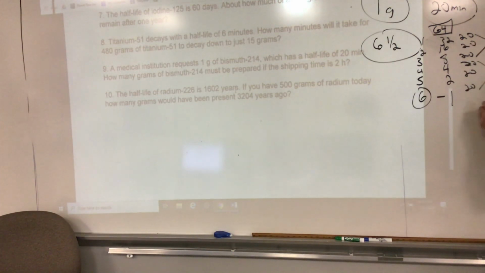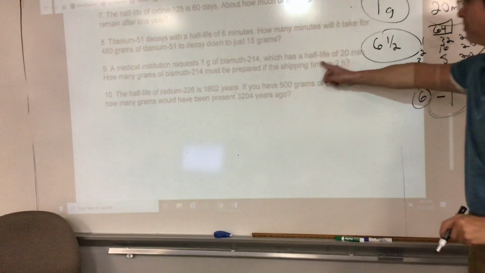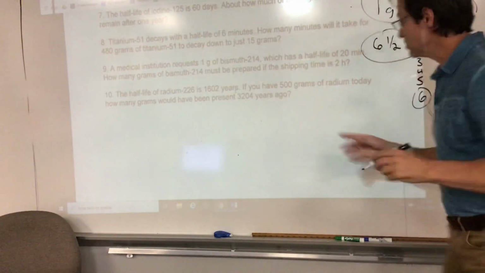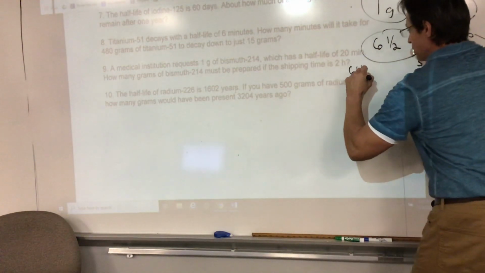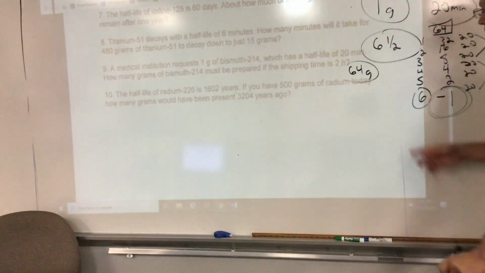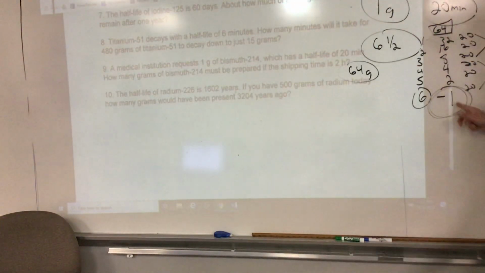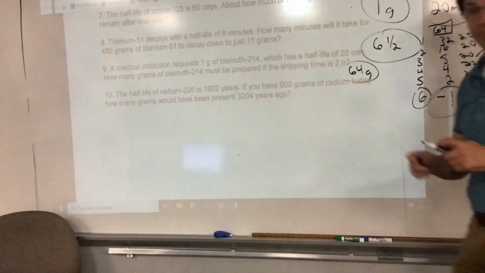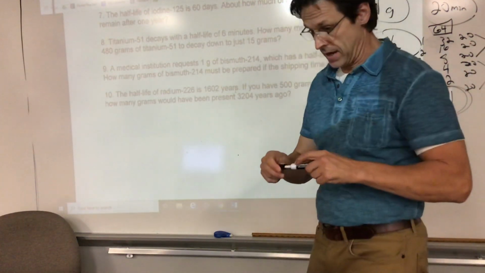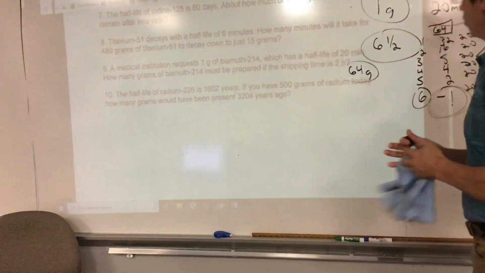There's my 2 hours. So when it gets there in 2 hours, I'm going to have 1 gram. My answer: I need to ship 64 grams of bismuth to this medical institute. So when it gets there in 2 hours, they'll have at least 1 gram to work with. Does that make sense? I hope so.